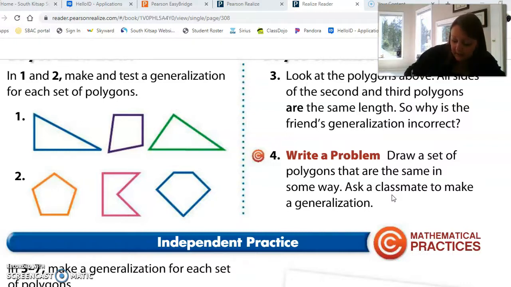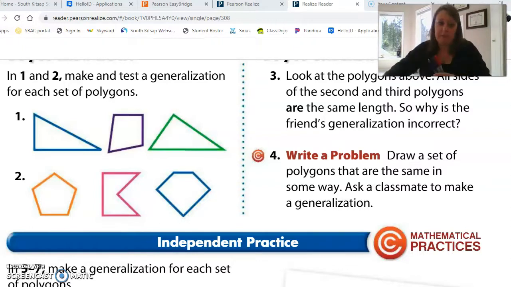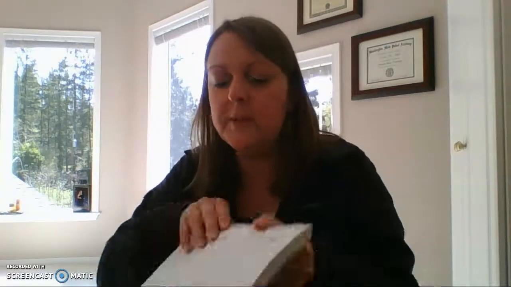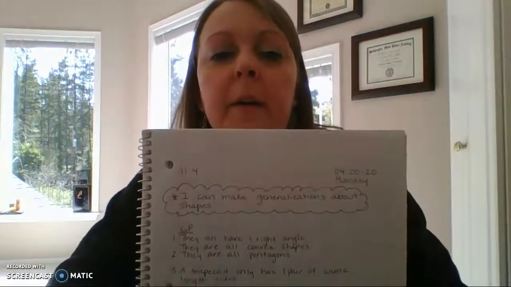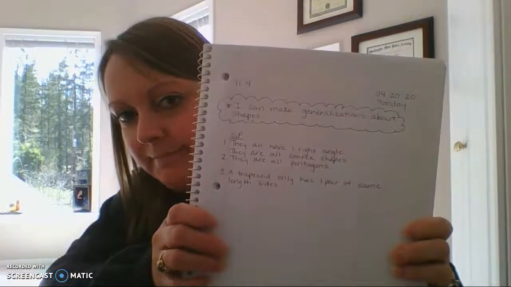So I can't say that. That's kind of like when I said all of these, wait, let me make myself bigger. I know you guys miss me. All of these are markers. That's not true because this one is not. So I cannot say that. I can say that they are all writing utensils or great for Art Hub, but I cannot say that this is a marker. So a trapezoid only has one pair of same length sides.